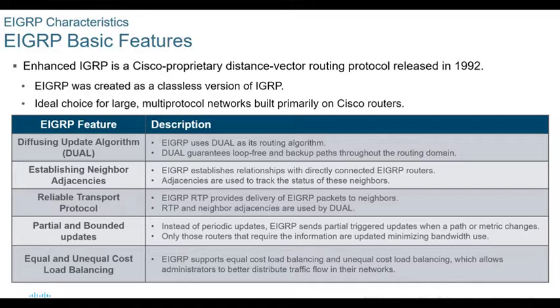Partial and bounded updates. Unlike RIP, EIGRP does not send periodic updates. The term partial means that the update only includes information about the route that changed.